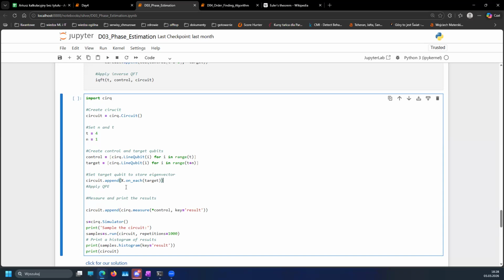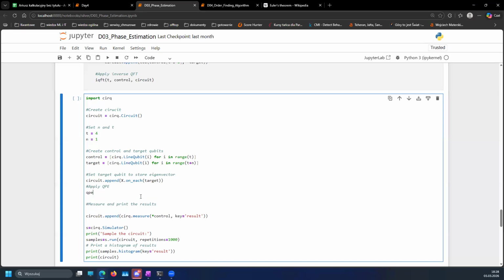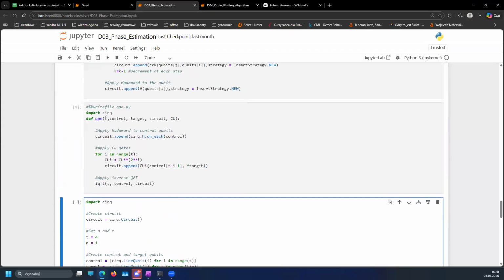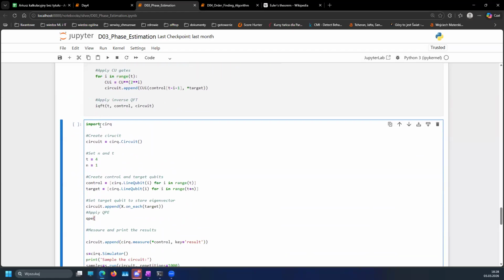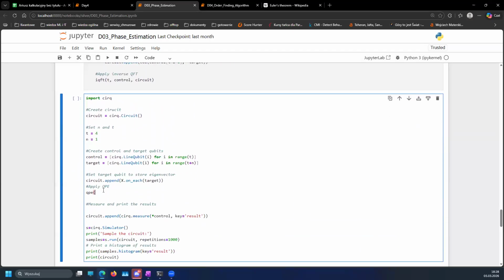Okay, then we can apply the QPE, and this should be pretty easy since we already wrote a function for it. Here we need to pass t, the accuracy of our computation, the name of the control register, which is control, similarly the name of the target register, and then the general formula for our operator, CU.